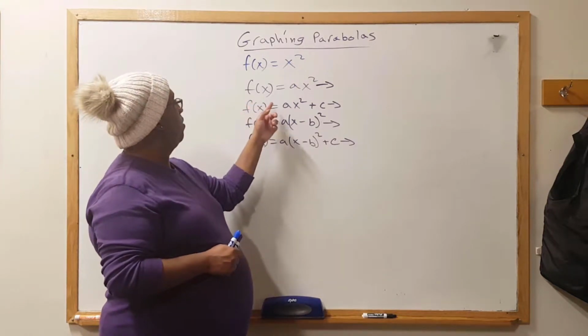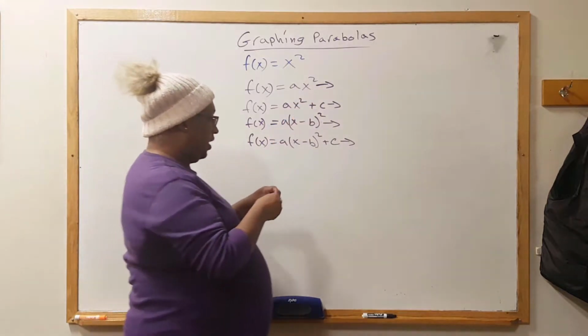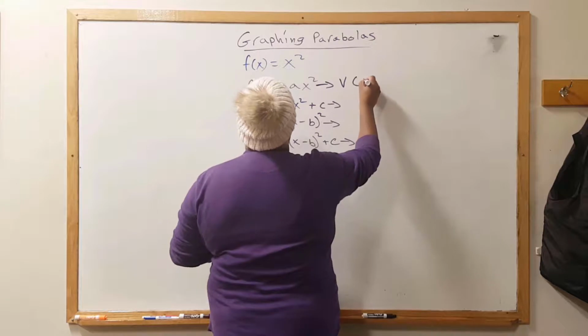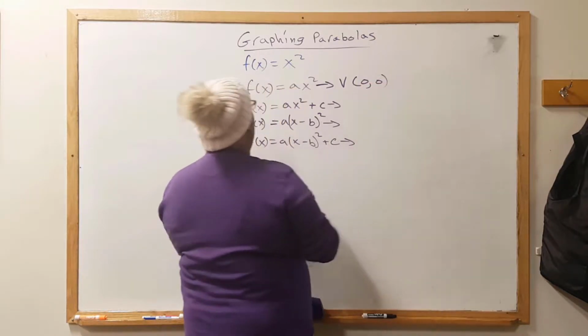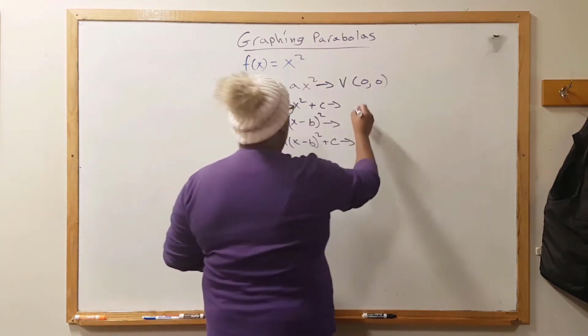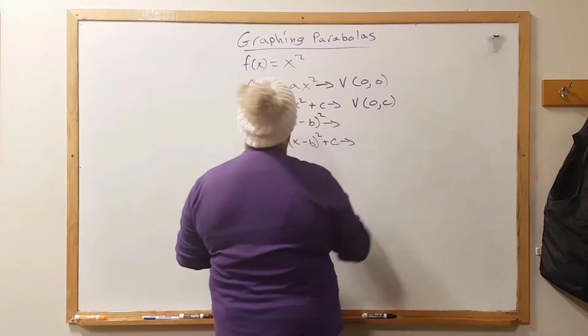If we have the form f of x equals a times x squared, then we know that the vertex is going to be 0, 0. If we have the form ax squared plus c, then the vertex will be 0, c.